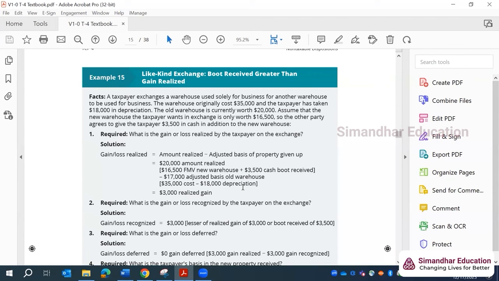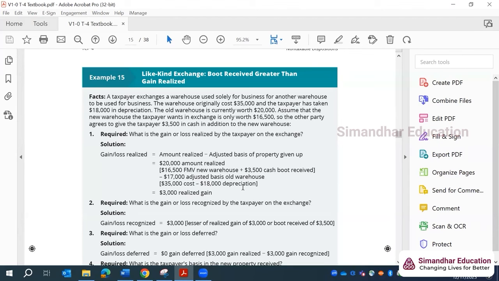So we said that whenever there is boot involved, that means whenever we are receiving boot, we will have to recognize gain, which is the lesser of the realized gain or the boot received. Okay. So here cash received is 3,500 and our gain realized is 3,000. So which is lesser? The boot received or the realized gain? So obviously the realized gain of $3,000 is lesser.